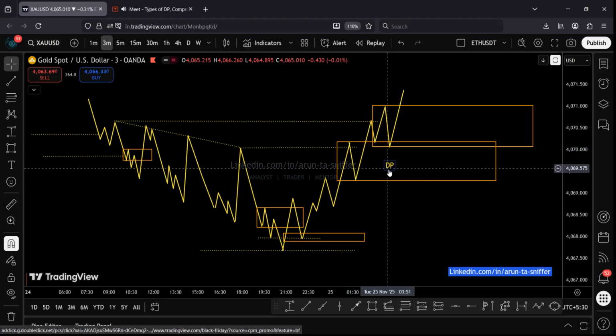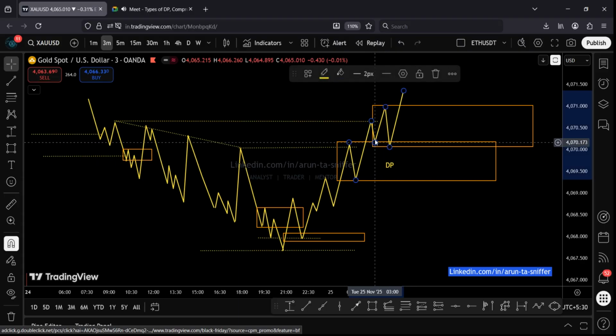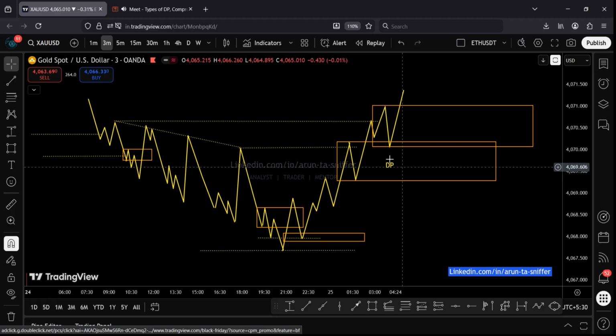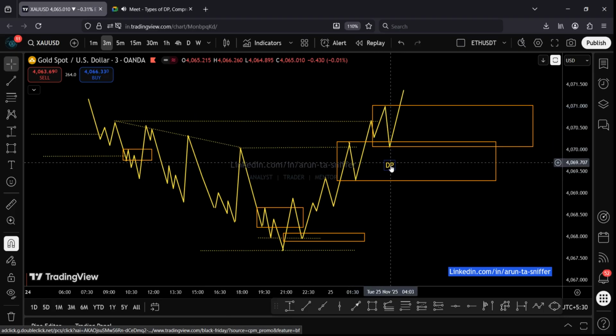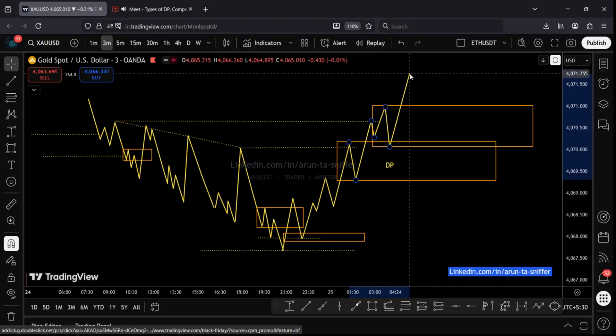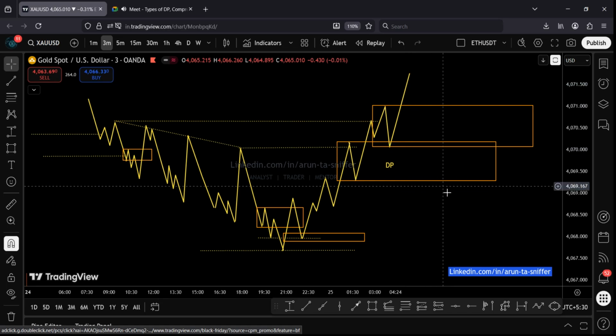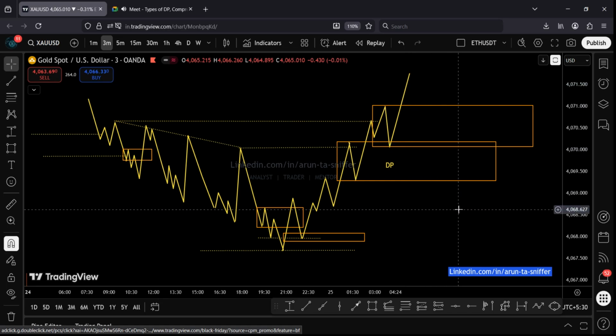The RS should come back to this DP. If it fails, price may go up again and then come back again to this DP, right? And then go up. This is how orders are transferred in the market, price is compressed, and then the CP zone is engulfed and works like this. Okay, any question on this?